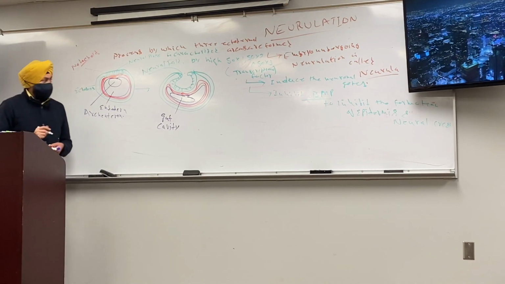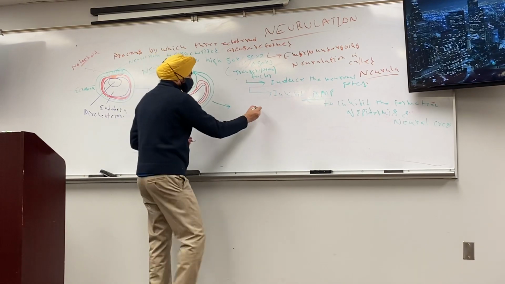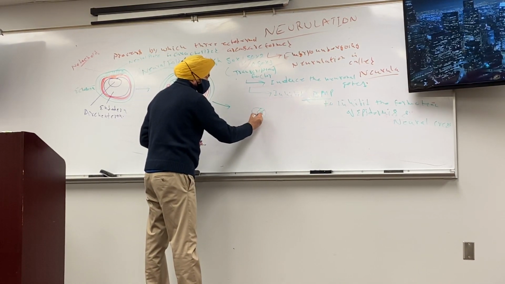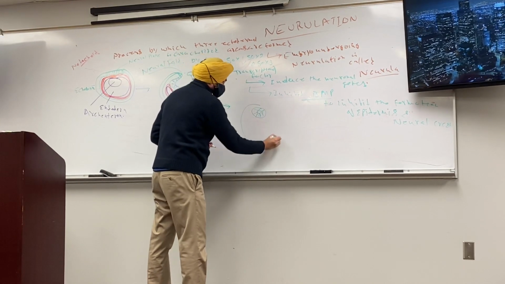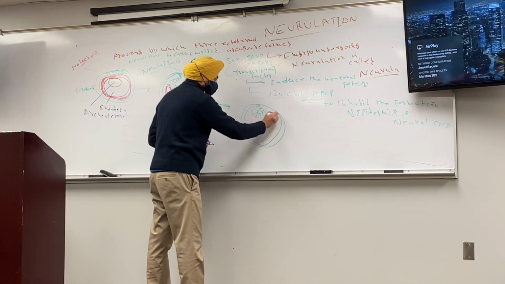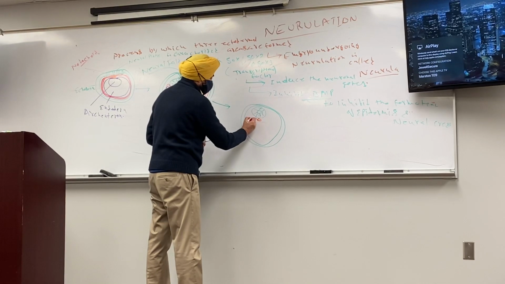And then ultimately what is going to happen, this is going to lead to a situation when you'll have this whole neural tube coming inside like this, and this will be surrounded by epidermis, and then you will have your notochord still there.